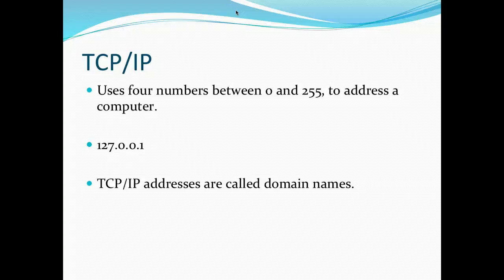It uses an IP address, which is 4 numbers with 3 digits each. And there's an example of one on there, and that's an IP that would route you back to the local system. And these TCP/IP addresses are called domain names. It's kind of like Google.com maybe.